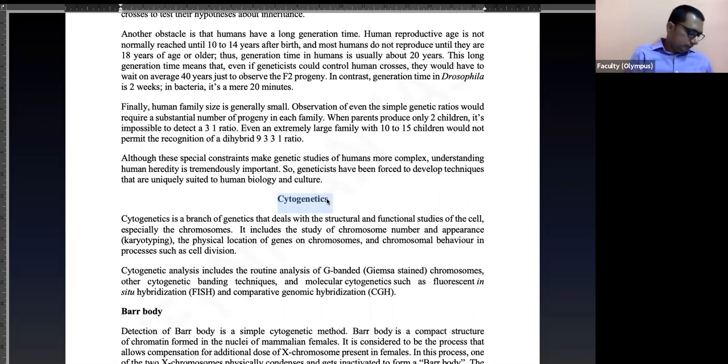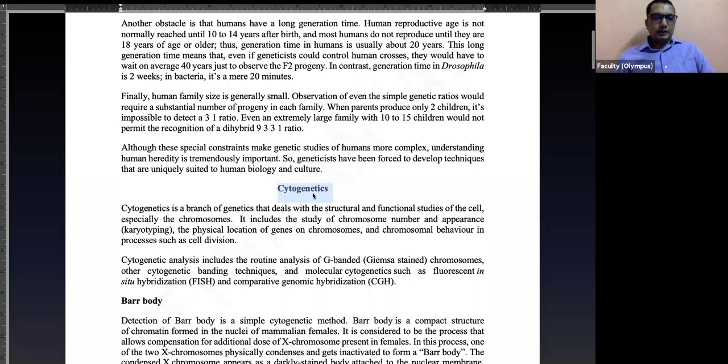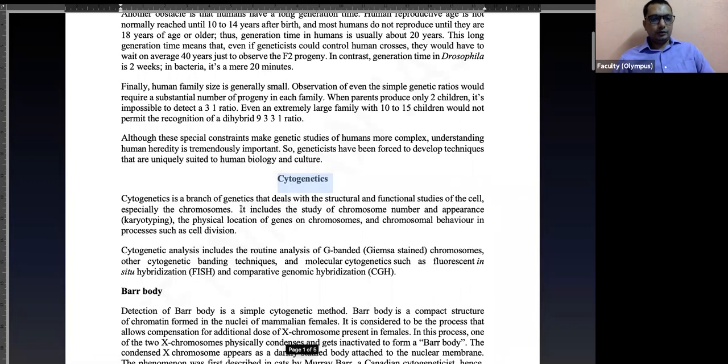Cytology refers to the study of the cell. So cytogenetics is genetics of the cell, genetics related to the cell. So what do we study here? It's a branch of genetics where we learn about structural and functional aspects of the cell, especially the chromosomes.